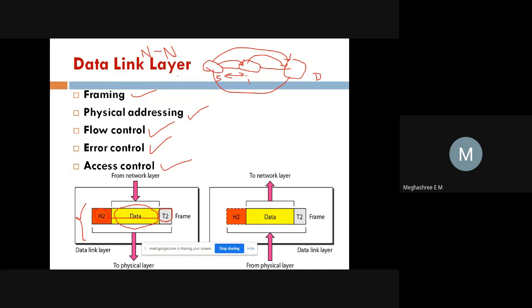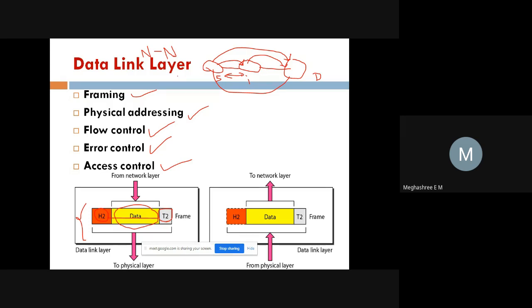After that, the second function implemented is physical addressing. The physical addressing says the address of source and address of destination will be specified here. Flow control is that when there is a congestion in the network, certain mechanisms have to be followed so that the packets can be sent over the network without any congestion.